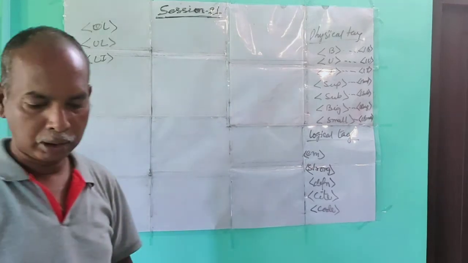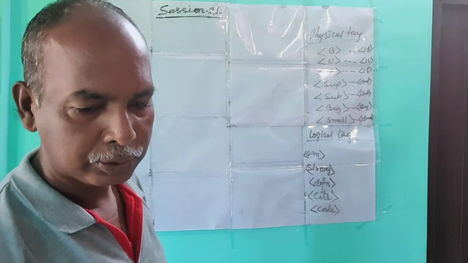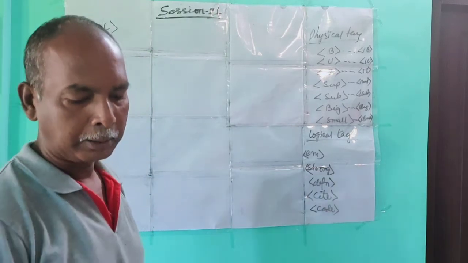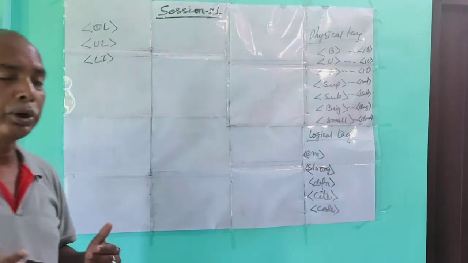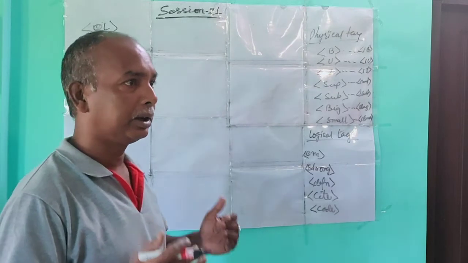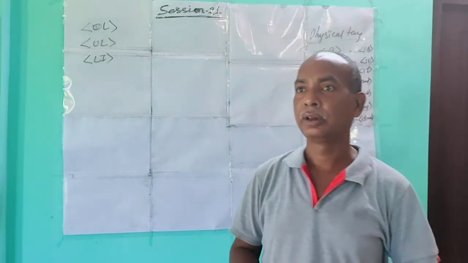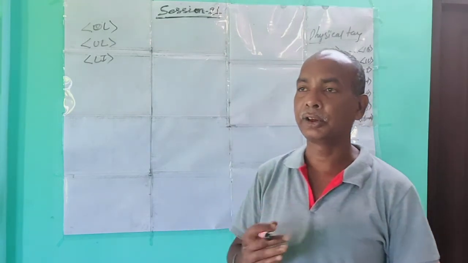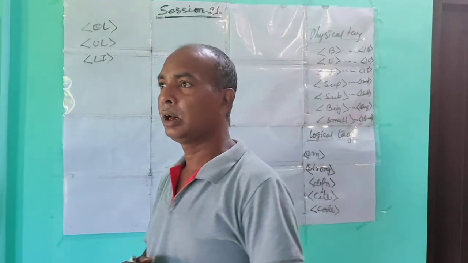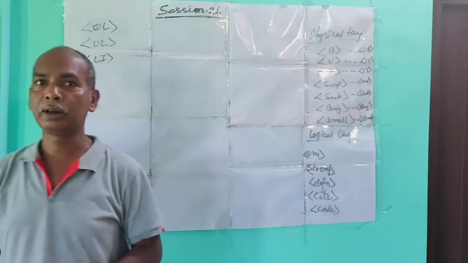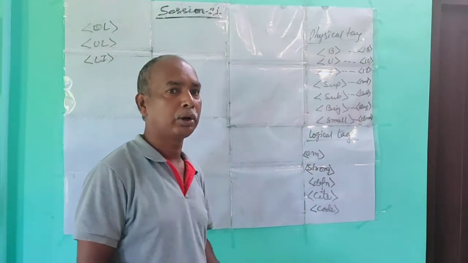One is called ordered list, the other one is called unordered list. Ordered list means when you are going to write things in order by giving 1, 2, 3, A, B, C, D. So these come under the category of OL list. And when you are listing items without any ordering, then you can use unordered list.